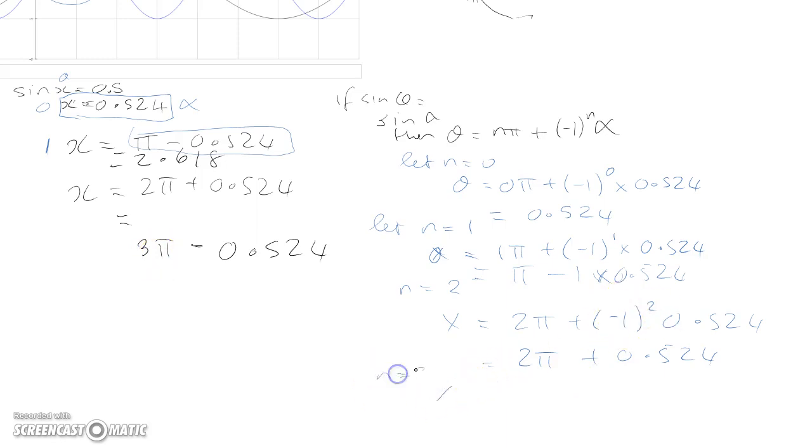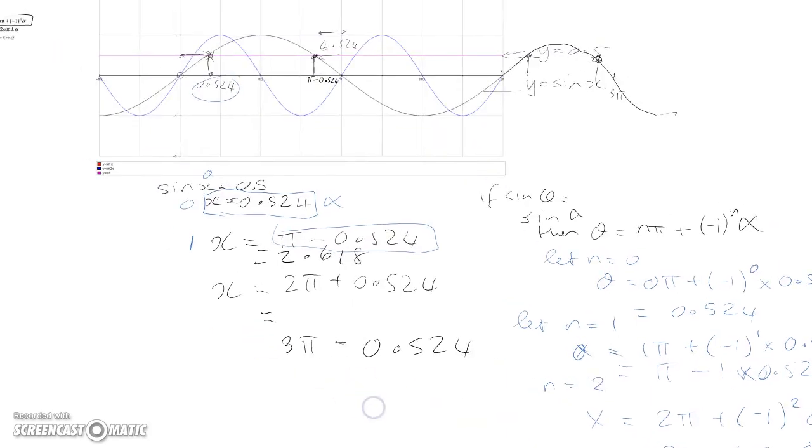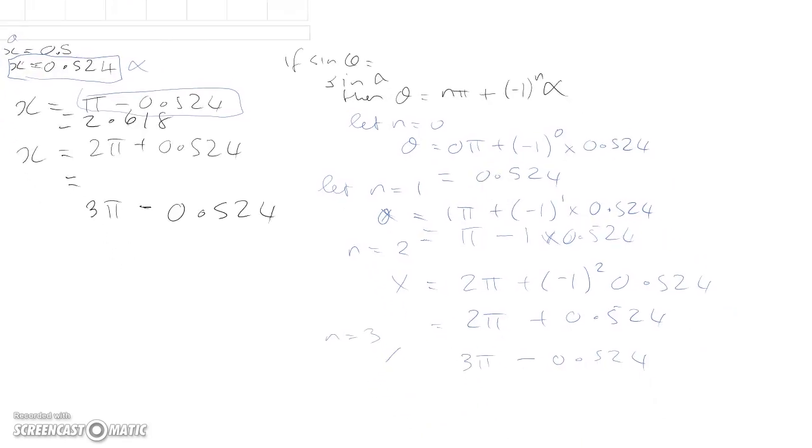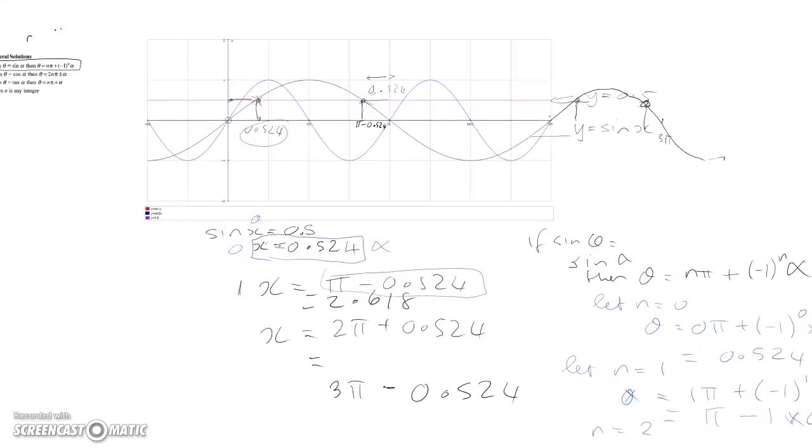So if n was 3, I'd get 3 pi minus 0.524. So as you can see, all the general solution is doing is finding all my values without us having to think about what my next points were. Hopefully that's cleared some things up. There are my workings. I will do this again, showing you with the blue graph why it's really extra useful to keep that this here is theta and this answer here is going to be your alpha over there. Thank you for watching.